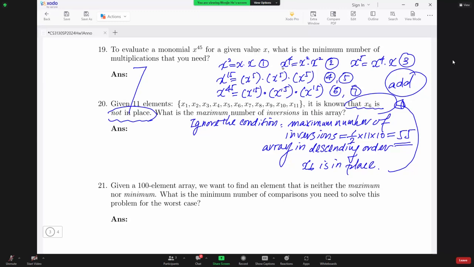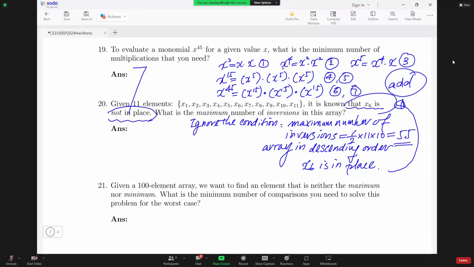But when you move it, you will reduce the number of inversions, right? You have to reduce. The best scenario is you only reduce by 1, because 1 is the minimum you can reduce.